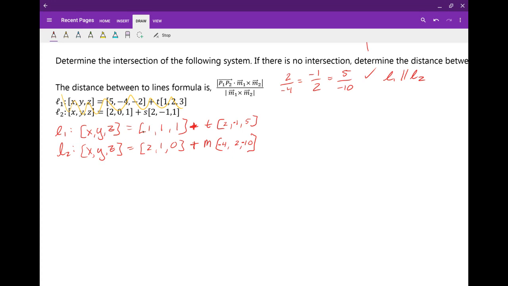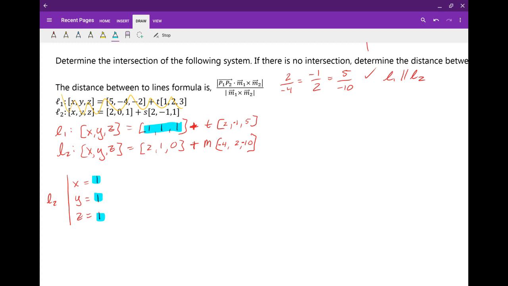So what you do is you plug point 1 in as a solution, and you see if it is a solution. I'm going to take the parametric equation for line 2, and make each of x, y, z equal to 1. And that corresponds to that.